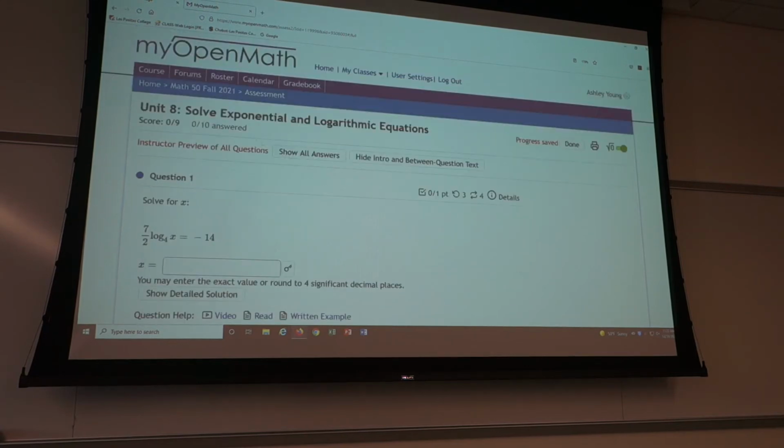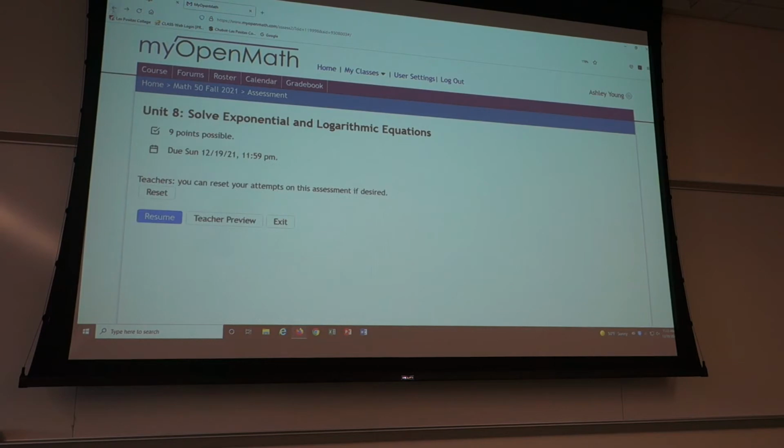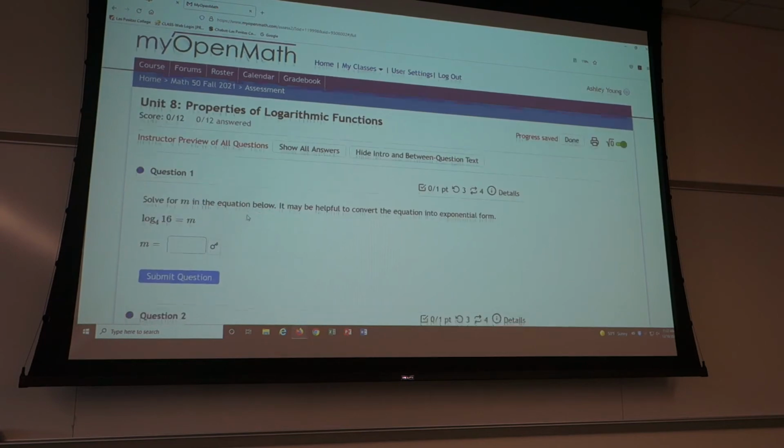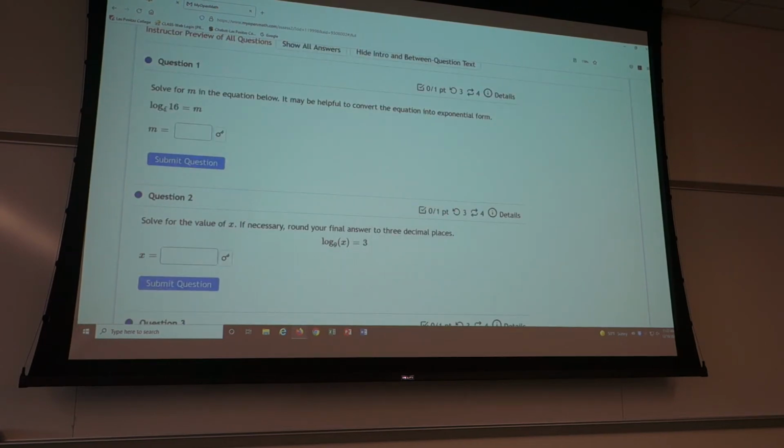So the previous one we had, four is my base. What's my exponent? M. What's my answer? 16. So 4 to the m equals 16.